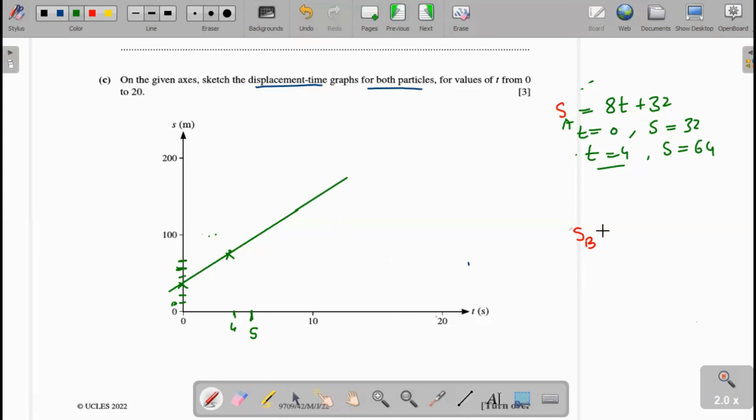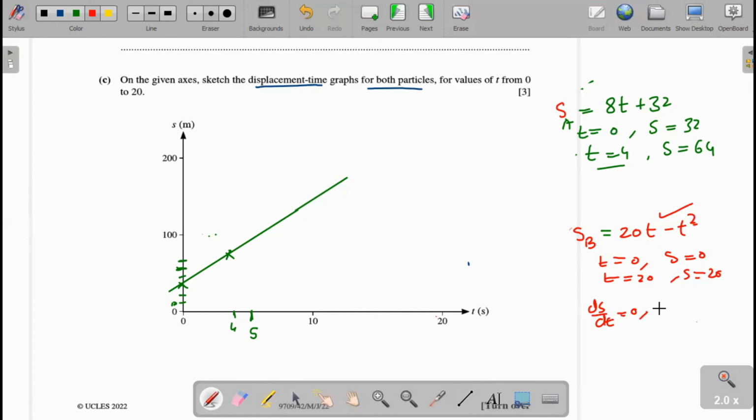Now the next is s equal to 20t minus t square. This is the quadratic graph. Now we take some values to find the value of distance. When t is 0, you see that s will be 0, and when t is 20, s will be 0. Now we take another point, the turning point. We take the derivative of this, ds by dt is equal to 0.